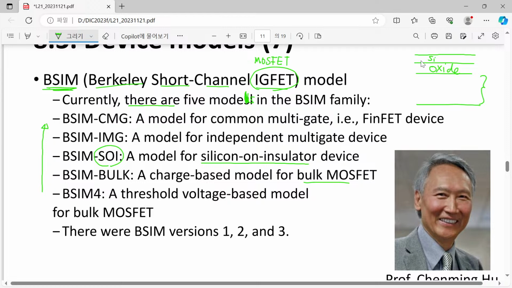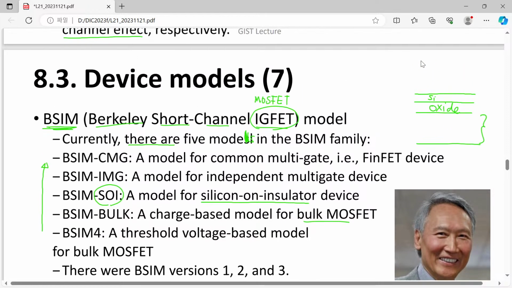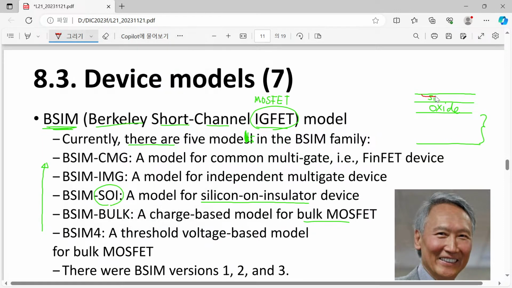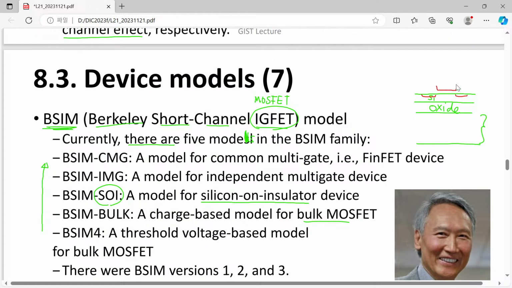And on top of this silicon layer, we build our transistors: the source and drain, and yes, here we have a gate. This kind of device is called SOI because it is silicon on insulator.